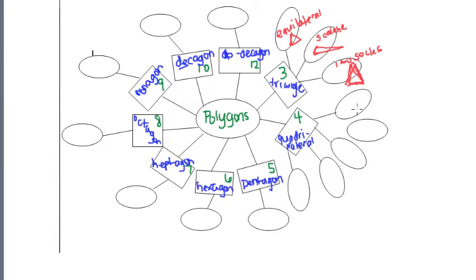Alright, quadrilateral. Four sides. We have a square. You should be able to draw that. We have a rectangle. That's where the two opposite sides are the same length. We have a trapezoid.